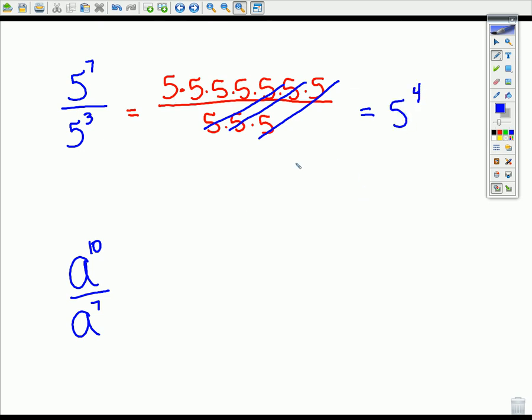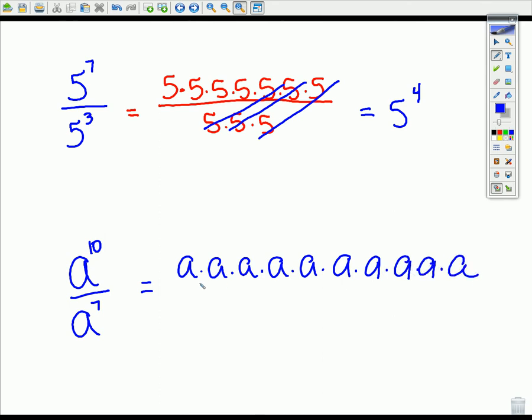If I have 10 a's, or a to the 10th, I think I have 10 there, over a to the 7th.